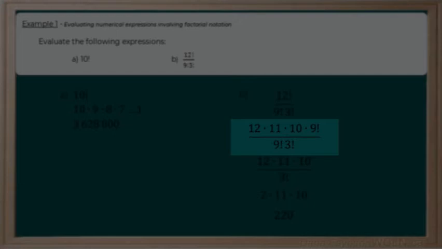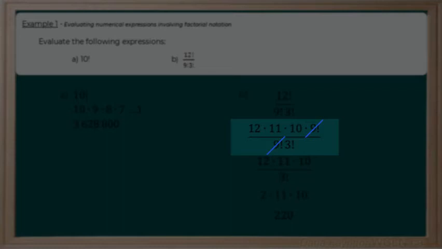Now I'm going to start by writing out 12 times 11 times 10 times 9, and I'm going to write a factorial symbol there. Now here's why. If I look at the top and the bottom of my expression, I've got a 9 factorial on my numerator and a 9 factorial on the denominator. That means that those will divide out to be 1, or they'll cancel out.